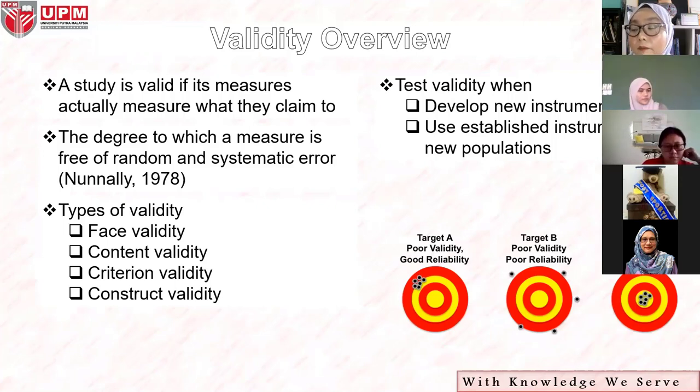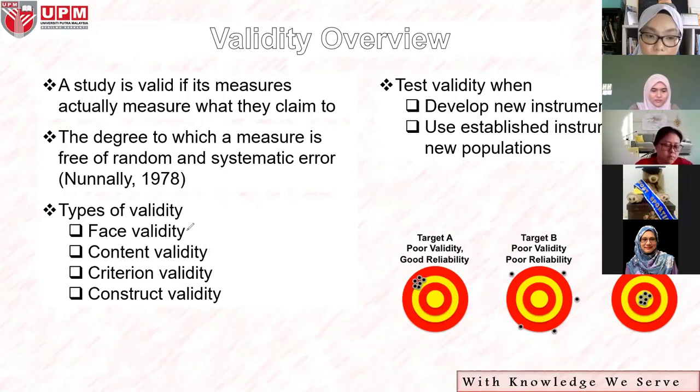But for validity, you cannot come up with a statistic unless you use a new instrument and convert the measurement into a tool that can be measured. Okay. So for example, face validity and content validity we cannot measure, because it is based on the subjective judgment by the researcher.